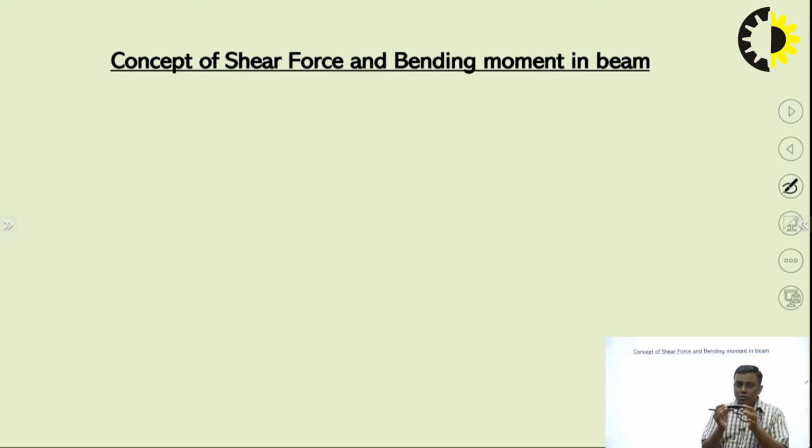In doing so, the beam material offers certain resistance against the force and against the bending tendency. These resistive forces and moments are known as shear force and bending moment.